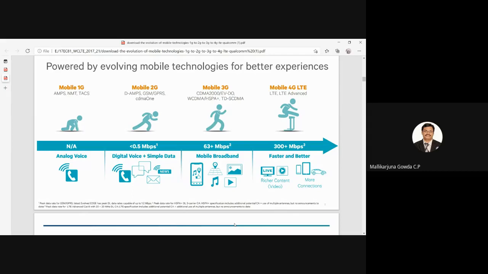Okay. So with respect to 1G, these are the names of the standards: AMPS, NMT, and TACS. AMPS means Advanced Mobile Phone System. NMT means Nordic Mobile Telephone system. So these are the different standards in different regions of the world.